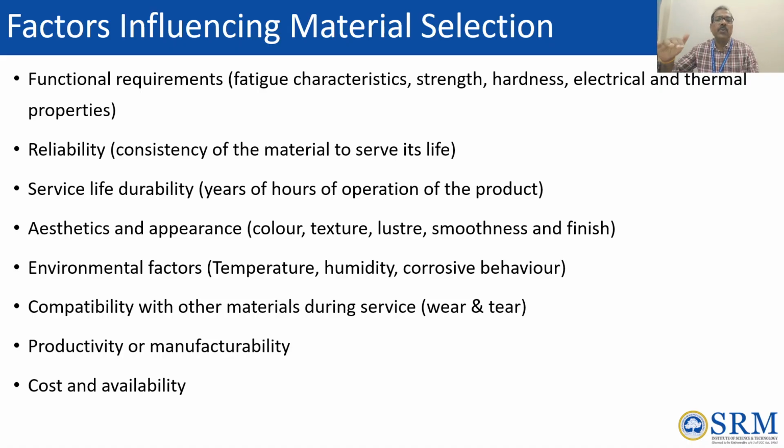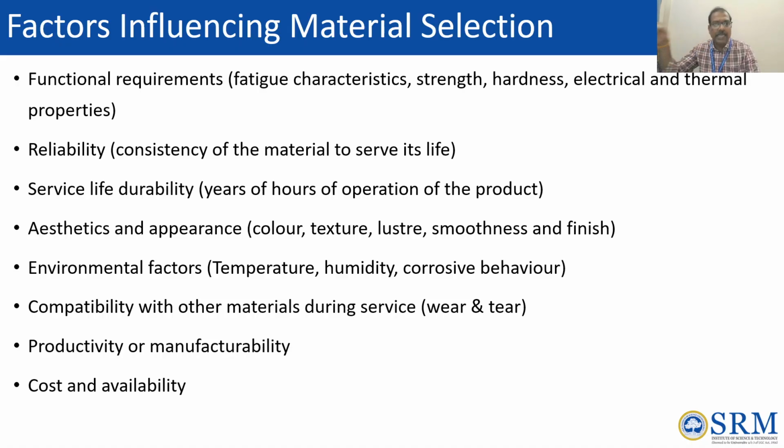Why do we not need to choose higher strength or higher hardness material where it is not needed? How is it affecting? If we choose high hardness or high strength material which is not necessary, it will affect the making process or manufacturing process. We need to choose the tools and machinery to machine it accordingly. So we need to be very clear about what the functional requirement of the material is.